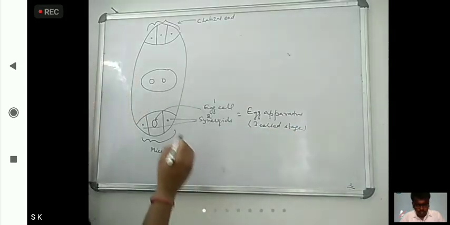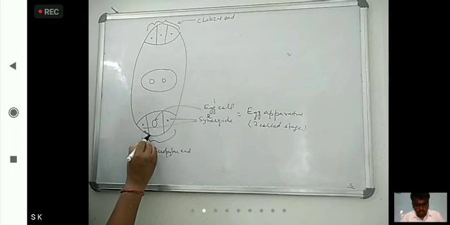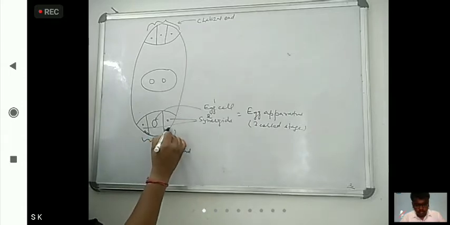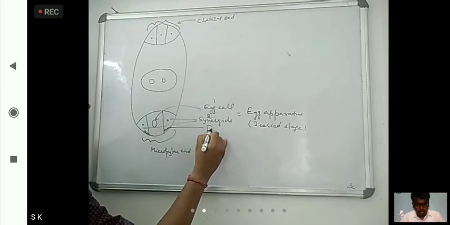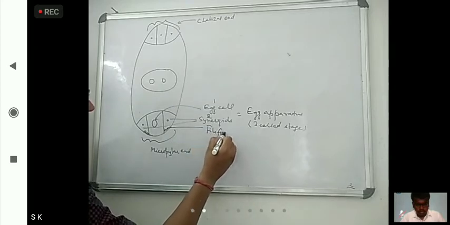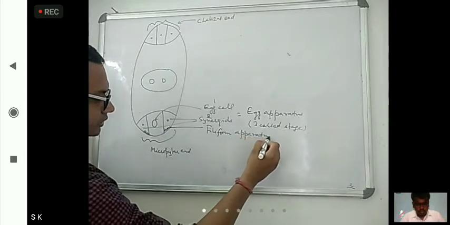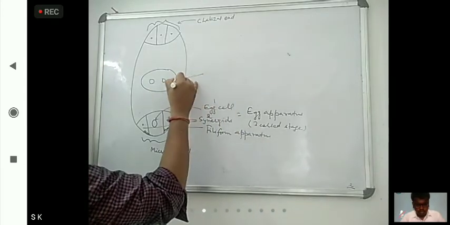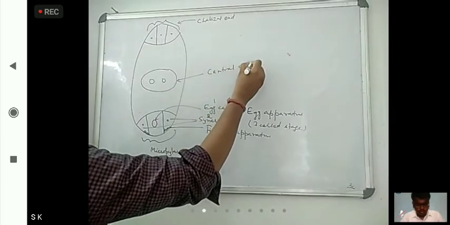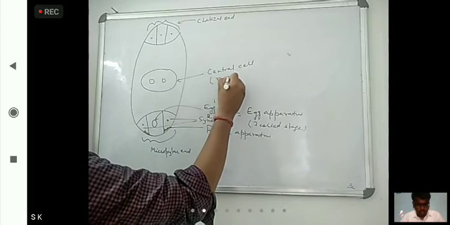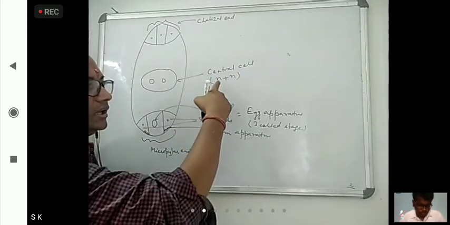Now, here synergids contain a finger-like structure that is known as the filiform apparatus. This is known as the central cell that contains n plus n nuclei.